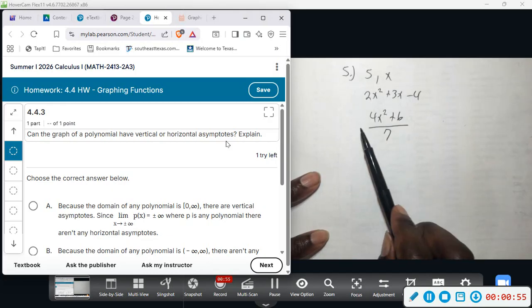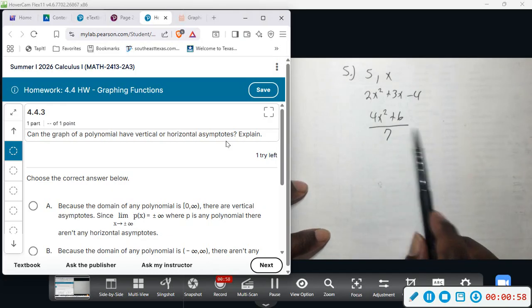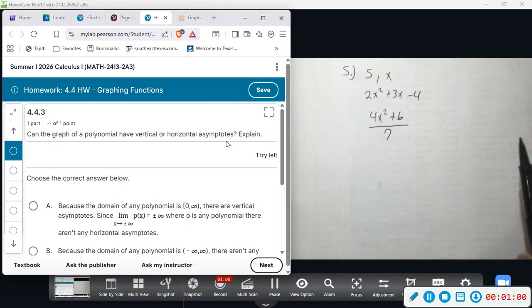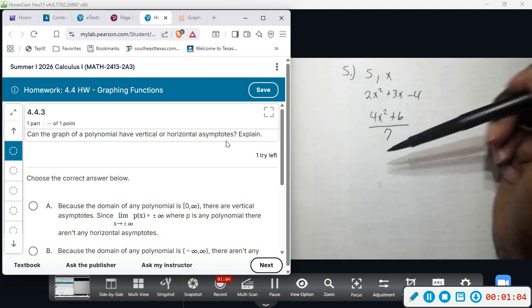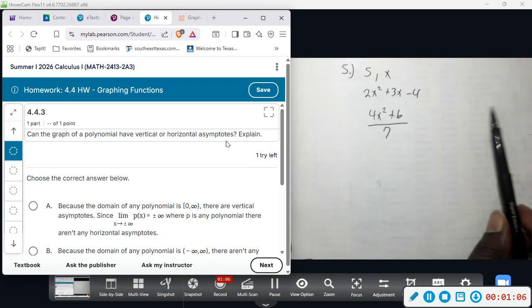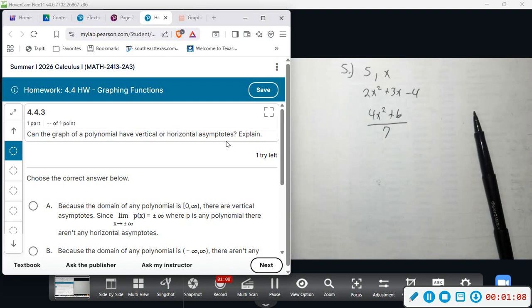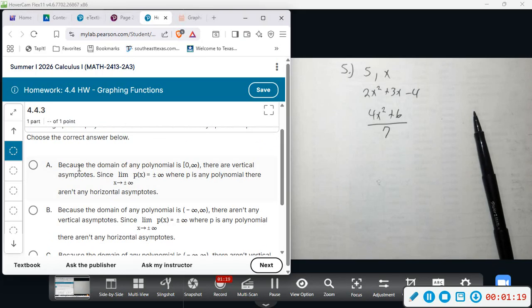So there will be no restrictions. Polynomials' domains are all real, so therefore there won't be any vertical asymptotes. There's no number that we can plug in that will cause this to break down. No horizontal asymptotes. So we will say no, it cannot have horizontal or vertical asymptotes if it's a polynomial.